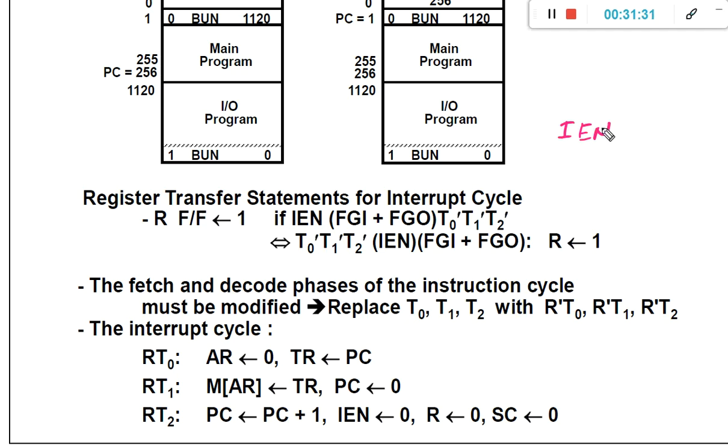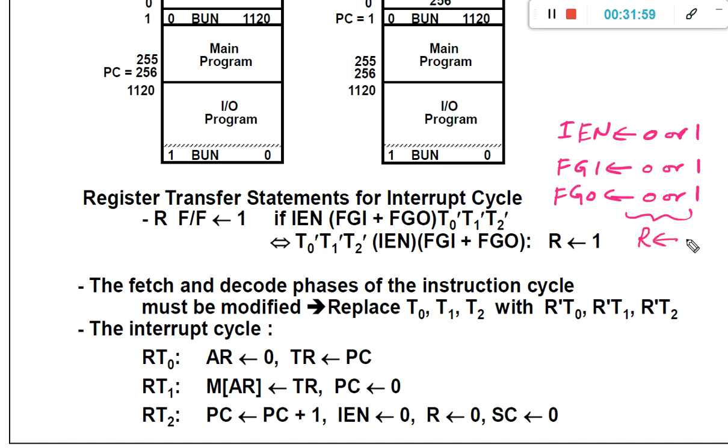Based on the IEN flag, the interrupt enabled flag, being set to either 0 or 1, and based on the FGI flag and the FGO flag being set to 0 or 1, we are going to set the R flip-flop, the interrupt flip-flop, to either 0 or 1. Okay. So this is the case.